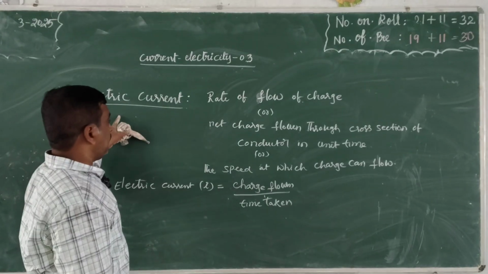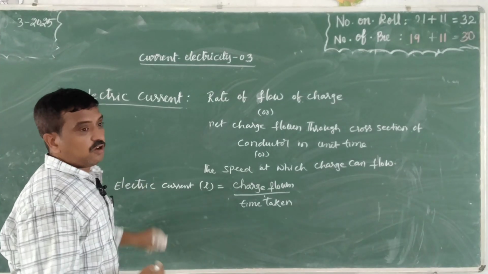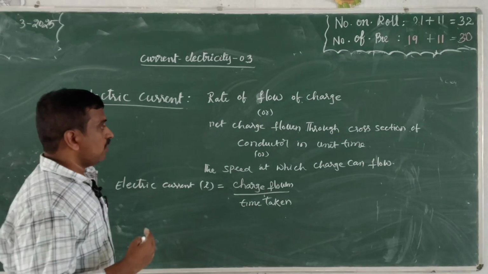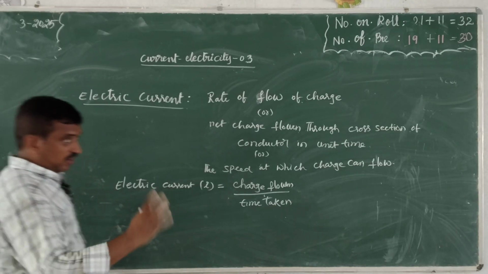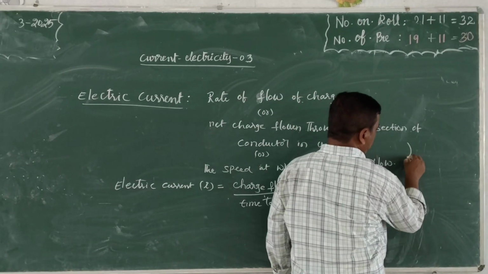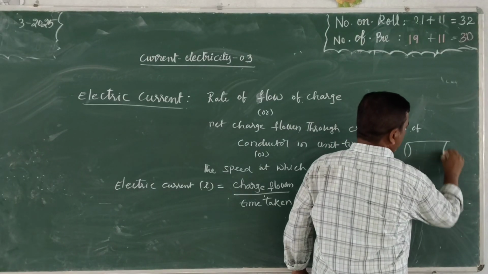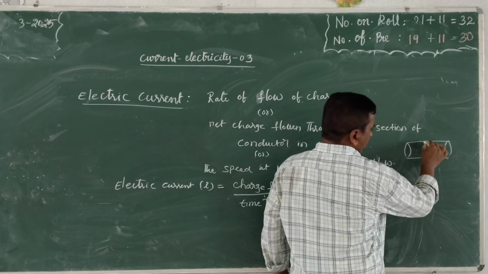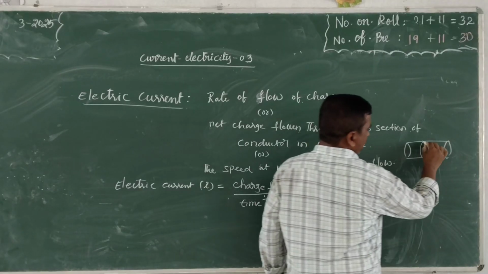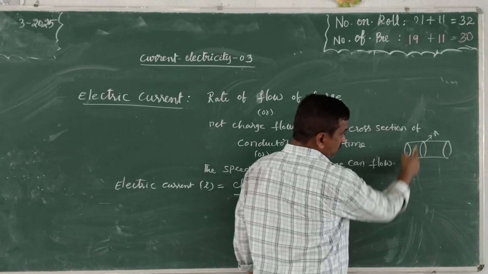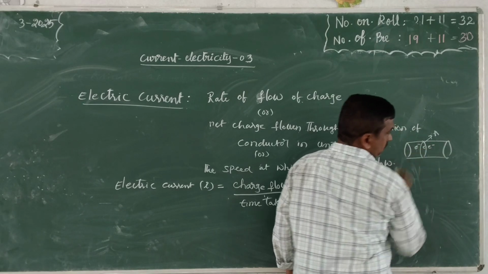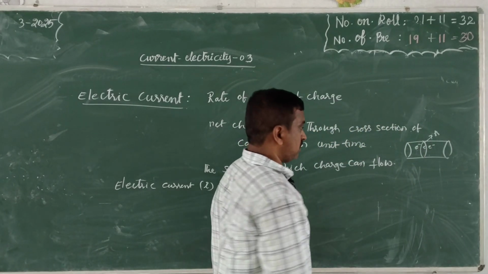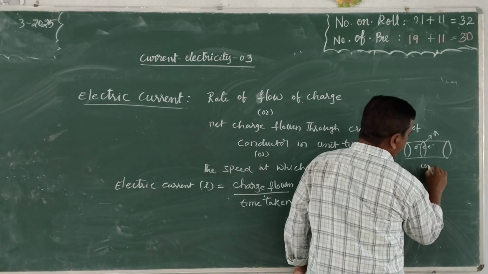See, electric current means rate of flow of charge or net charge flown through cross section of a conductor in unit time. For example, see here, it is the conductor. It is the area of cross section we selected. In this area of cross section, how many electrons pass through in unit time?